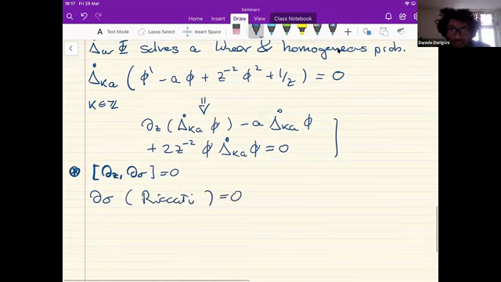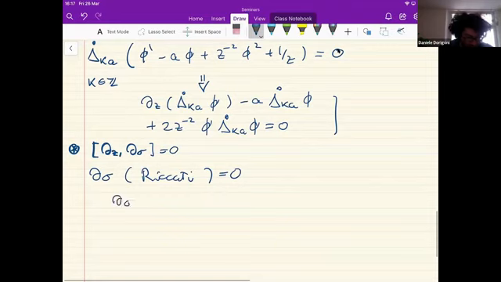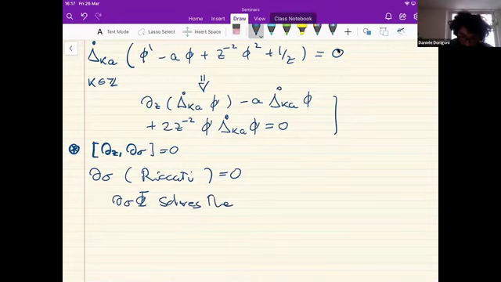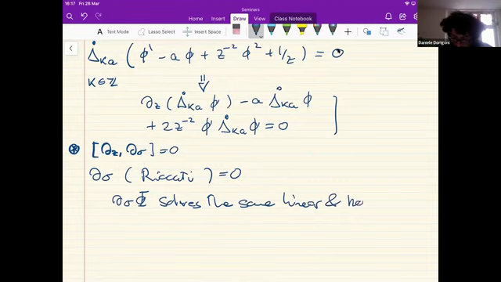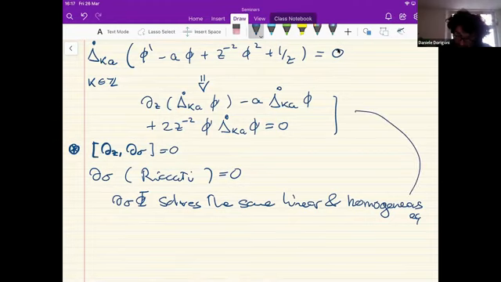And I'm going to get that the derivative with respect to sigma of the trans-series solves the same linear and homogeneous equation. It solves exactly this equation in here.